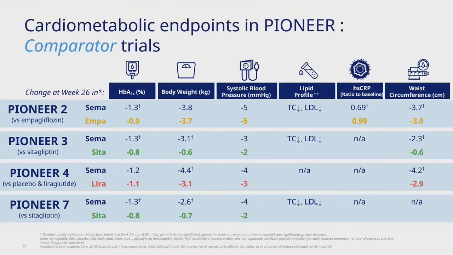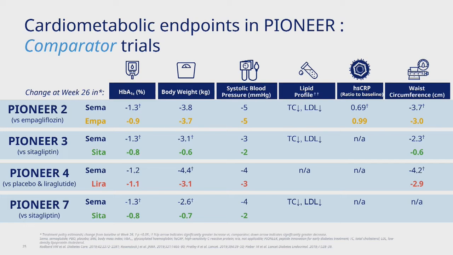In PIONEER 2, we can find that semaglutide reduced hemoglobin A1C, reduced body weight, and reduced blood pressure 5 millimeter, and let me say also that empagliflozin reduced blood pressure 5 millimeter, with reduction in total cholesterol and LDL.